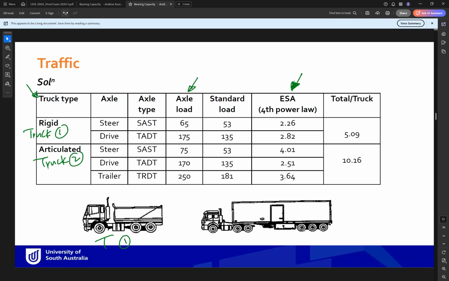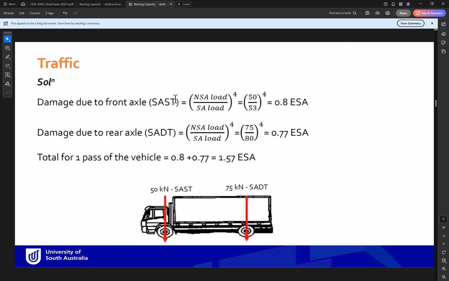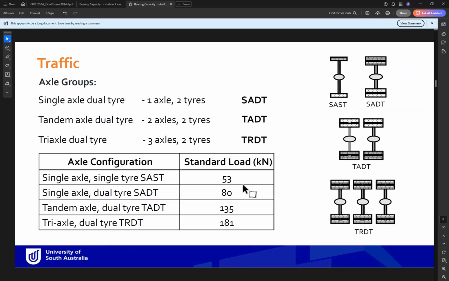The axle load will be given to you in the test. The standard load comes from the table we mentioned earlier. So the standard axle loads are given using this table: SAST 53, SADT 80, TADT 135, and TRDT 181.